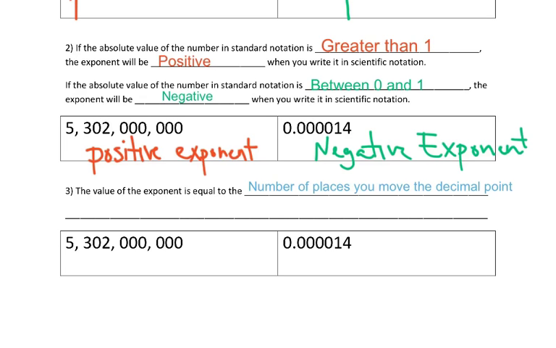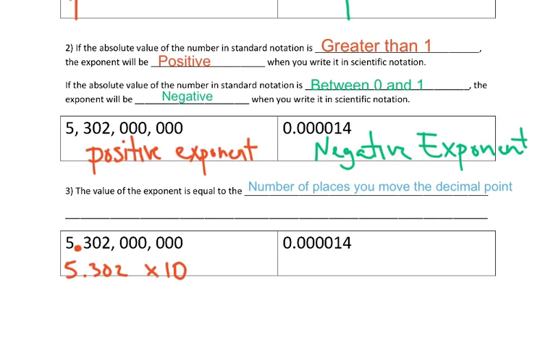So I'm going to take that number, I'm going to put the decimal point where it goes right after the 5, so that my number is now between 1 and 10. So it's 5.302. We know we have to multiply by a power of 10, so times 10. And the exponent is how many times I move the decimal point.